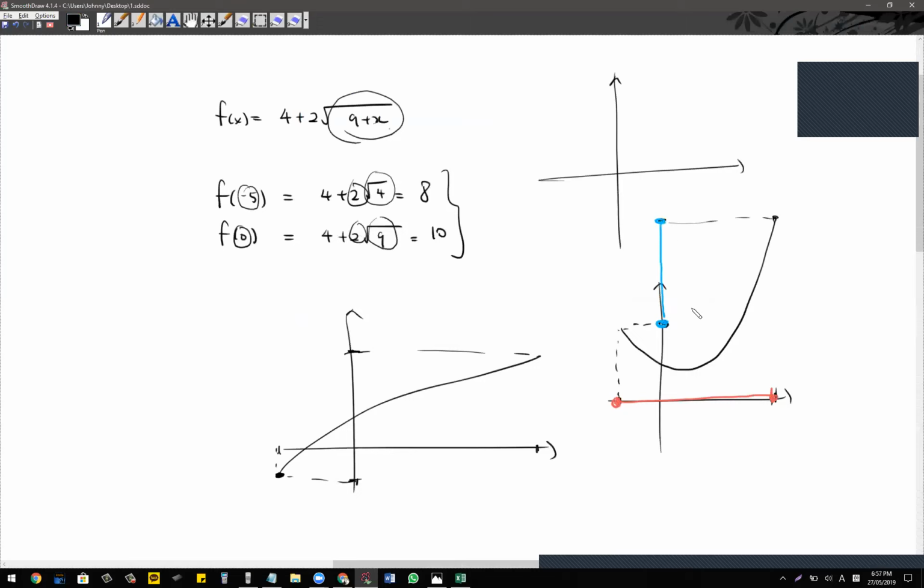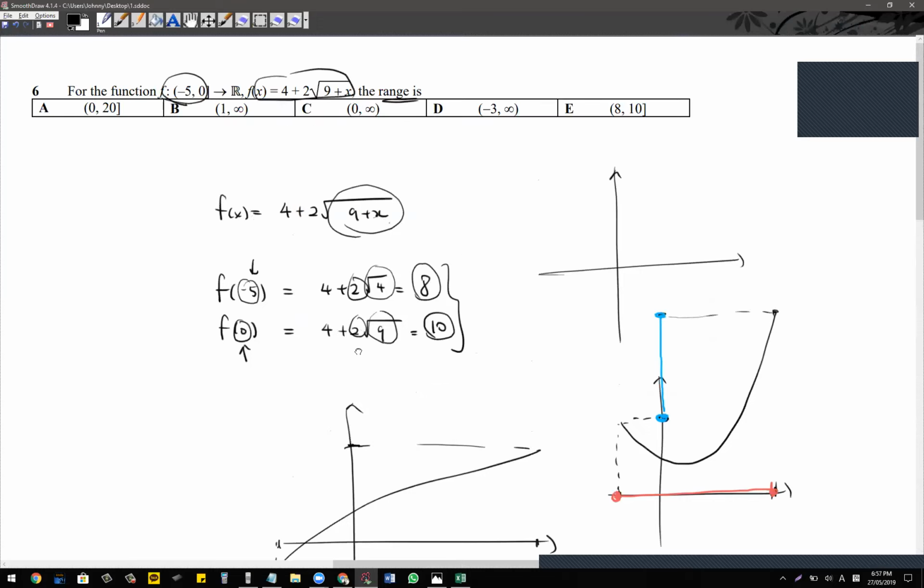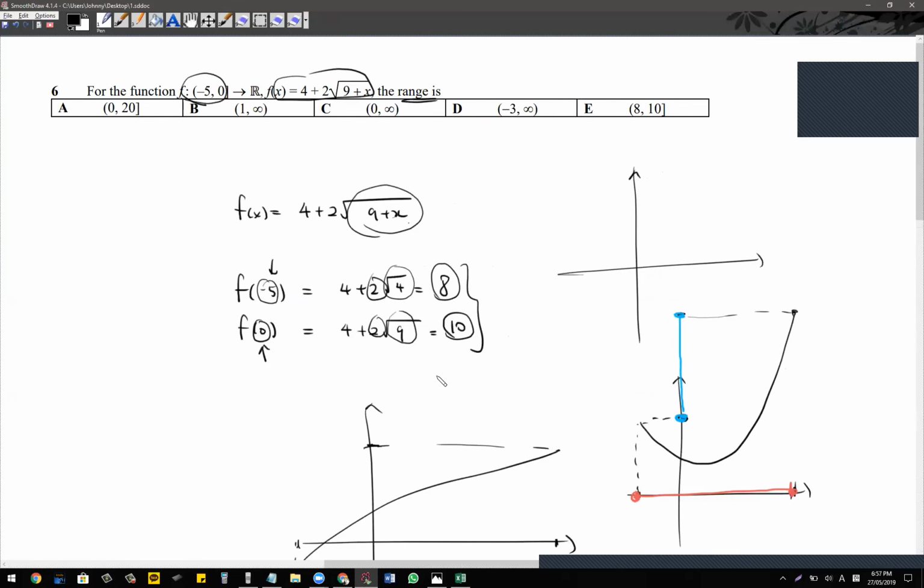So this is because this is not one-to-one function. But as for one-to-one function, which is always increasing or always decreasing function, when you plug in the two end values of the domain, then you get the two end values of the range. So it's a very simple one, actually, if you understand this idea. It's a pretty difficult concept to understand, but yeah, the answer is 8 to 10.